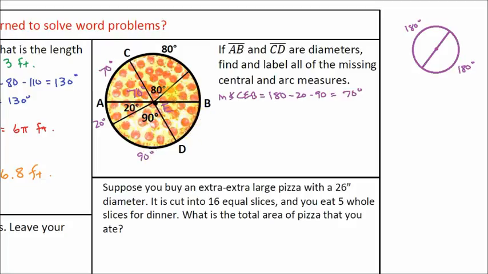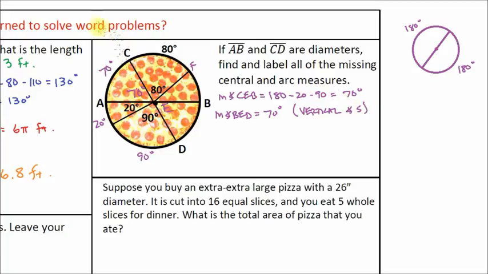Okay, we've got to find the measure of these two central angles as well. Let's go ahead and label this as F. So we're going to find the measure of angle BED first. The measure of angle BED is equal to, that's easy, it's actually equal to 70 degrees, and the reason why is we've got vertical angles.